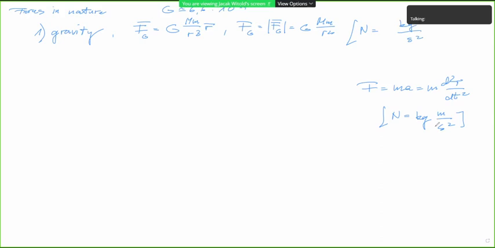And we need to get to something like this. So you can see that the gravity constant should have kilogram in the denominator, right? And meter, yes, maybe meter in the numerator.